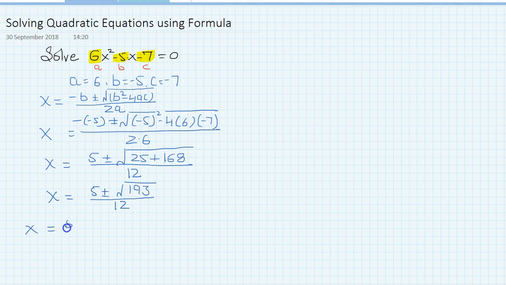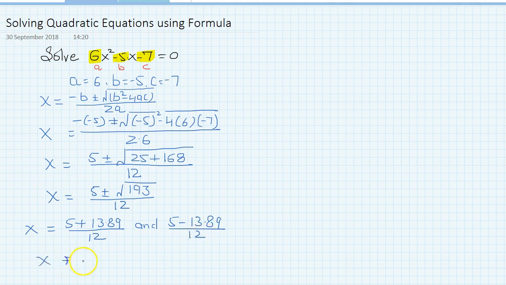X is equal to 5 plus root 193 is 13.89 divided by 12, and 5 minus 13.89 divided by 12.